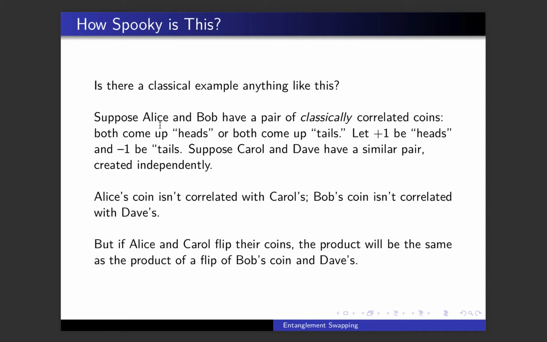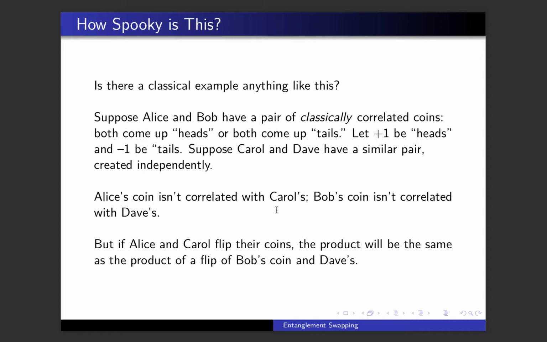So in other words, if Alice flips her coin and Bob flips his coin, these coins are created in a way that guarantees the results will be the same. They'll either both get heads or both get tails. If you don't like coins as an example, you can think of electronic gadgets. You can imagine how this would work. And likewise, Carol and Dave have a similar pair. Well, Alice and Carol aren't correlated. Alice and Bob are.